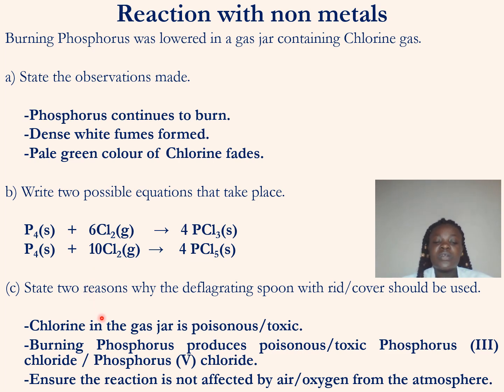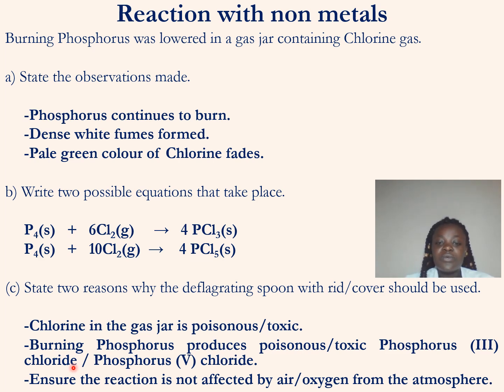Then we are told to state two reasons why we use a deflagrating spoon with a lid, that is, covered. So remember we have said it produces fumes. So the explanation here is that chlorine, first of all, is poisonous.